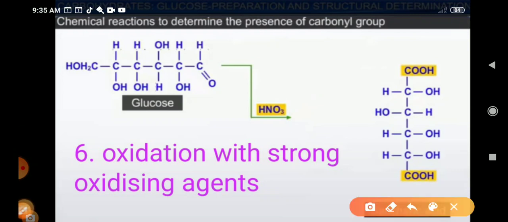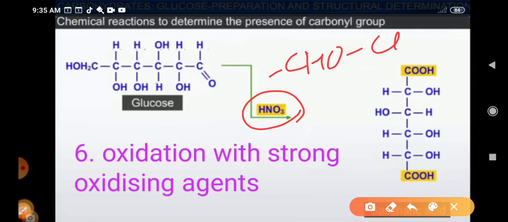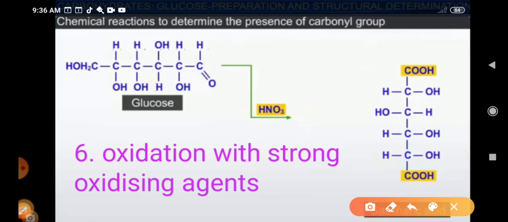Here HNO3, that is nitric acid, is used as a strong oxidizing agent. Now what happened? I told you oxidizing agents will convert aldehyde into acid, COOH. The oxidizing agent helps in the oxidation of aldehyde.